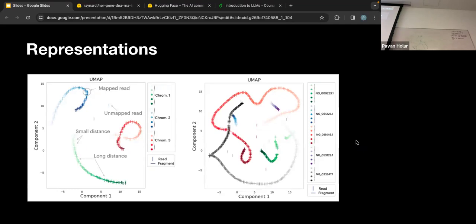The fragments that are ordered in the genome similarly form a manifold in the 768 dimensional space, which is a little more complex to understand, but it goes to show that trying to solve sequence alignment has resulted in methods that can potentially implicate solutions for genome assembly.